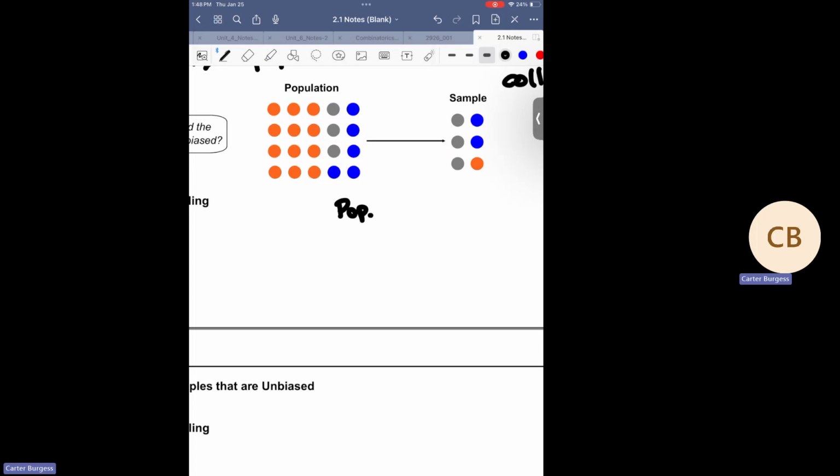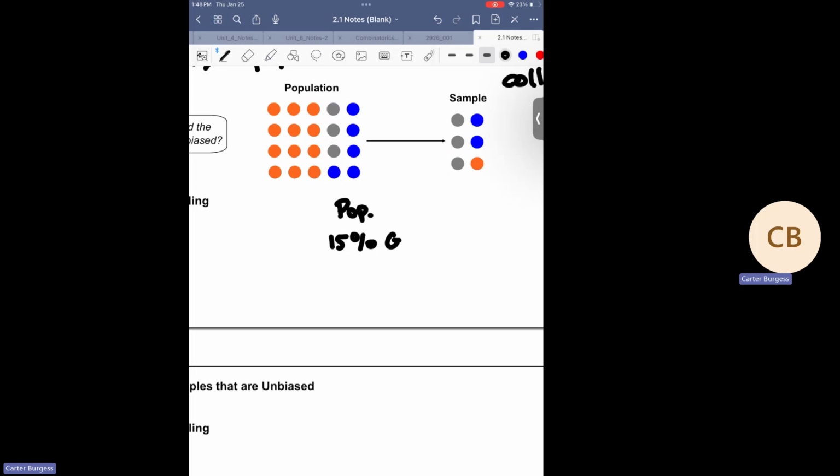So it took all the gray ones. For our population, we've got like 20 dots here. 3 of them are gray? 3 out of 20 would be like 15%. So for our population, we've got 15% gray.